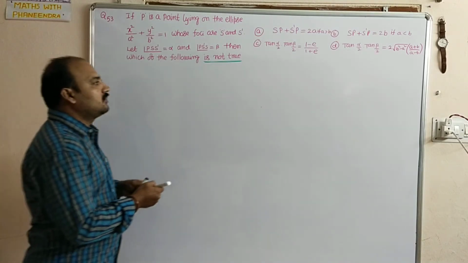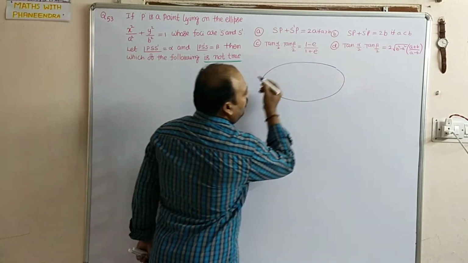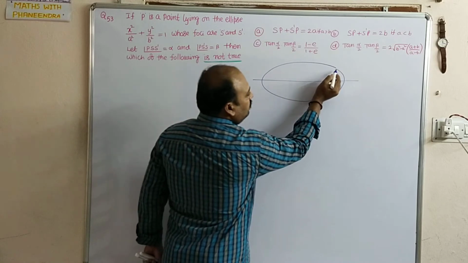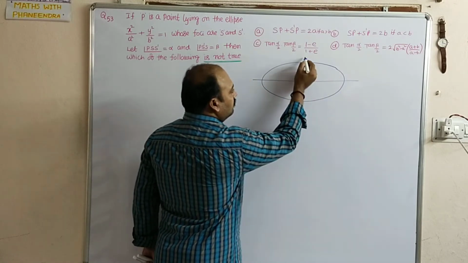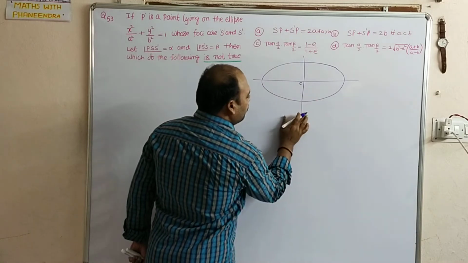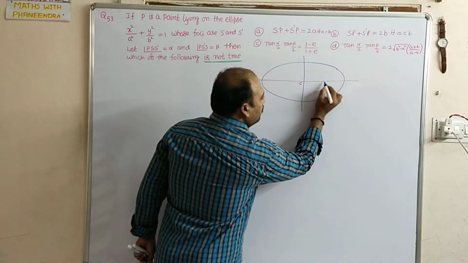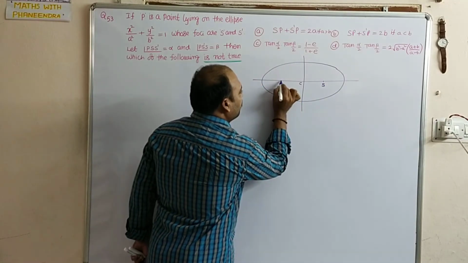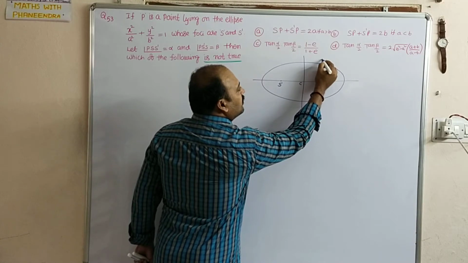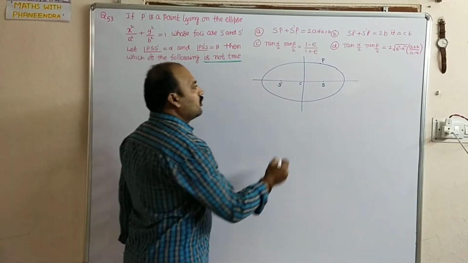See, listen here. This is the ellipse figure, rough diagram. Center of the ellipse. S and S dash are the foci, and P be any point which lies on the ellipse.